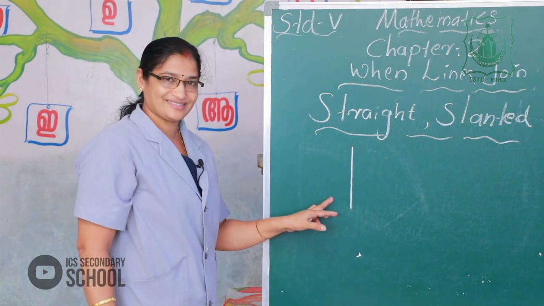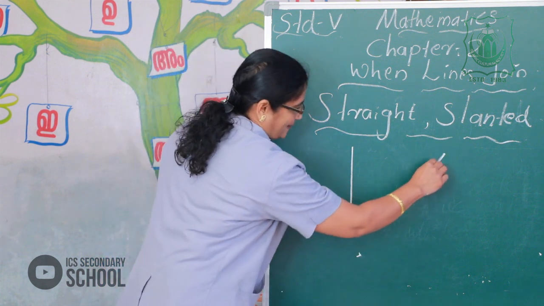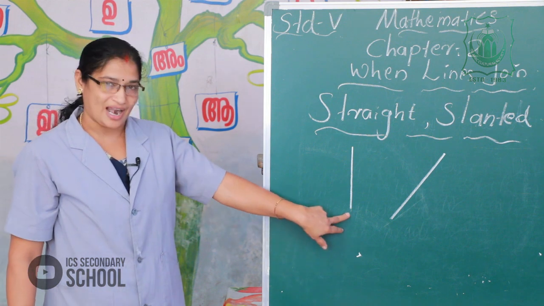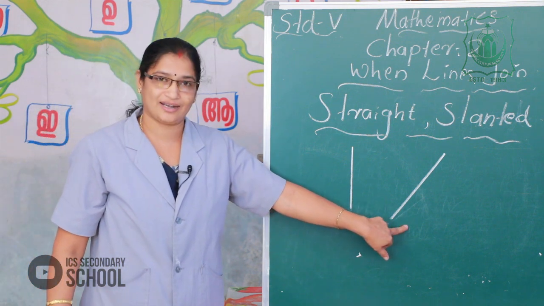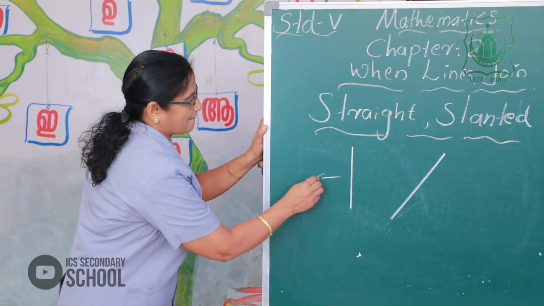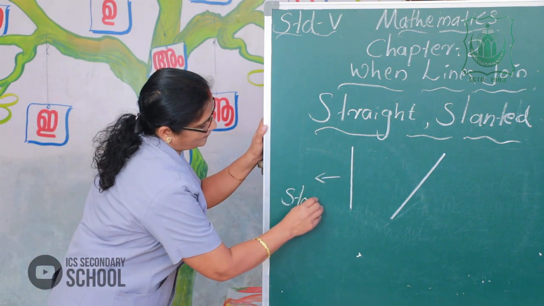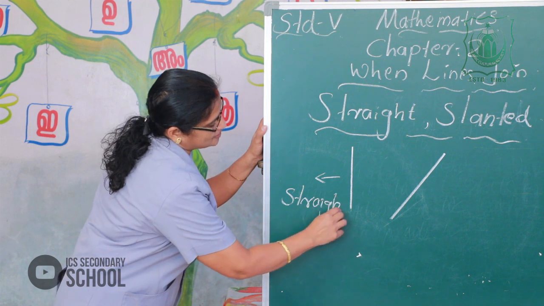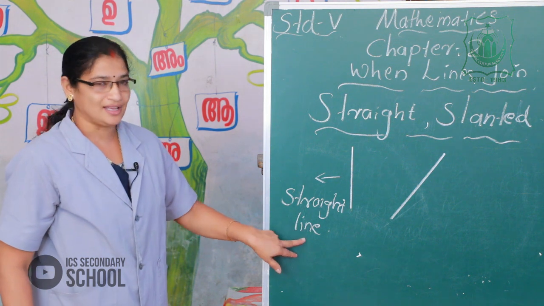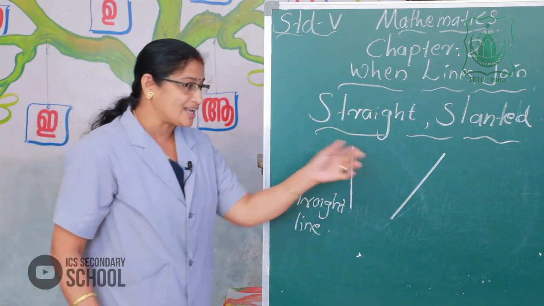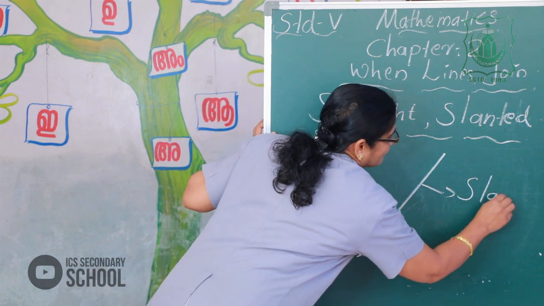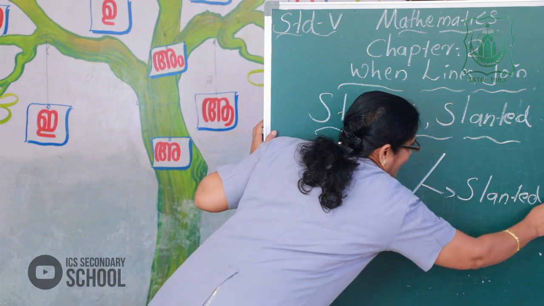This is a line. Another line. Okay, two lines. One line and another line. This line is a straight line and the other line is slanted.